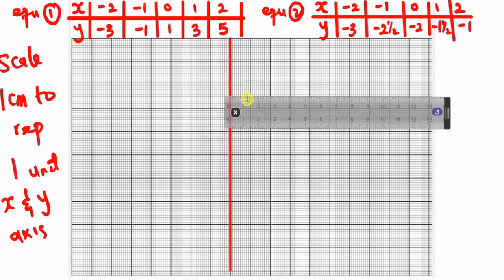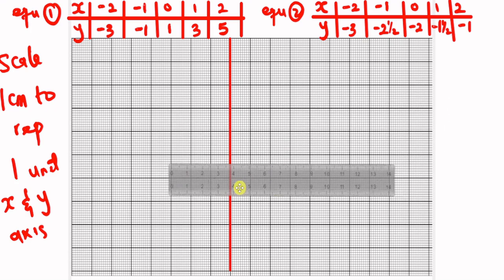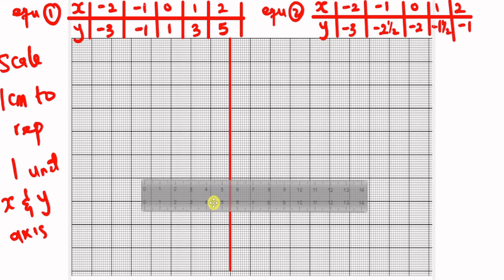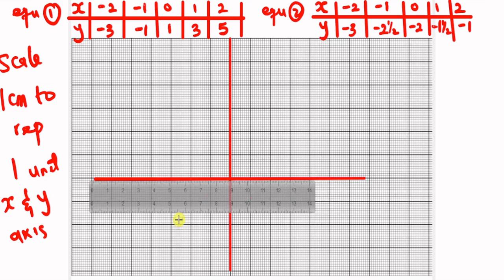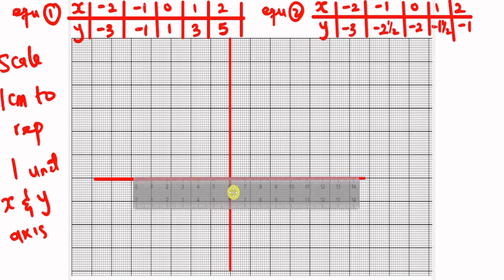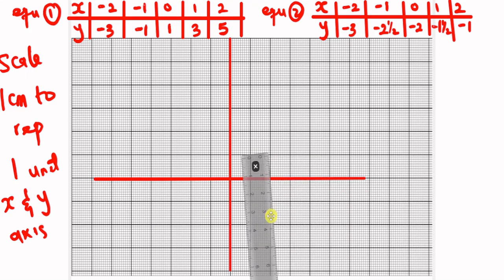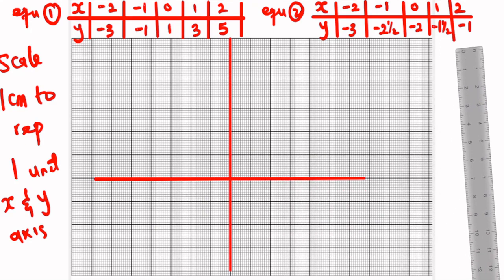Let's count again: 5, 4, 3, 2, 1, 0. So this place will have 0, which is the origin. It's where we are going to draw our line for the x-axis. So place our ruler there, and then we'll draw the straight line. Now that we've drawn the line, we can keep the ruler aside.